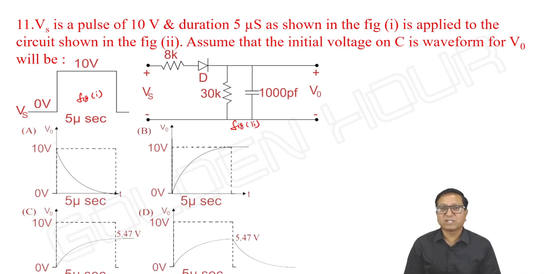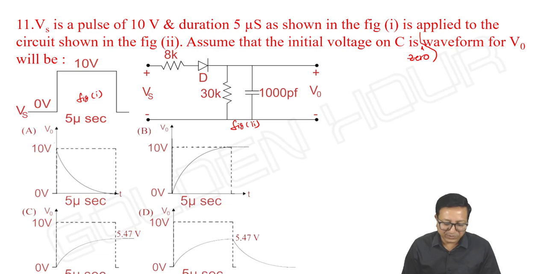Assume that the initial voltage on the capacitor is 0. There is some printing mistake. And the waveform for V output will be? That's the question.